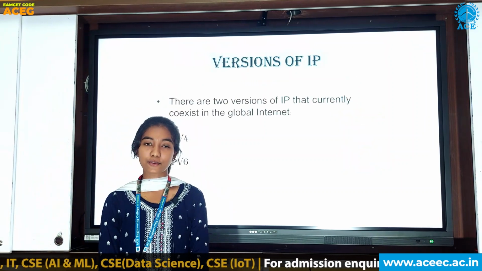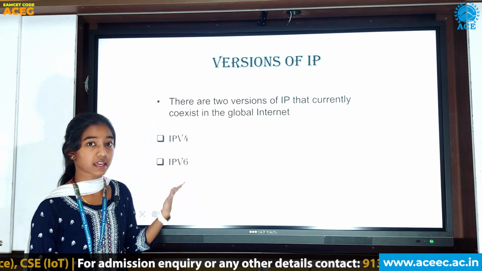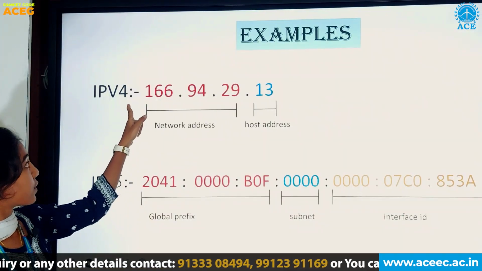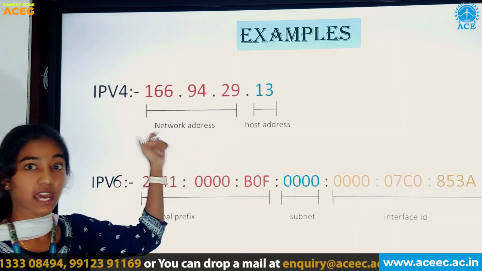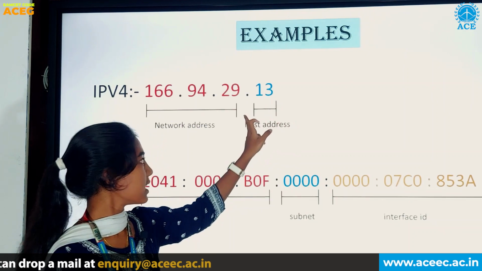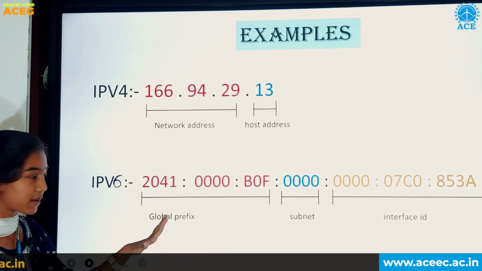There are generally two versions of IP, that is IPv4 and IPv6. Let us see the example structure of IPv4 and IPv6. For IPv4, 166.94.29 is the network address, as we have seen before. That .113 is the host address, whereas for IPv6, it is in hexadecimal format.